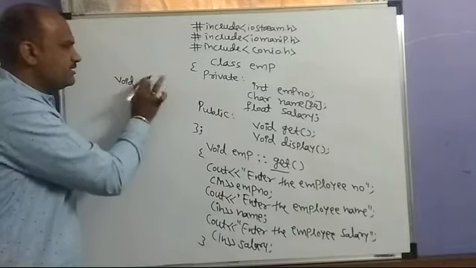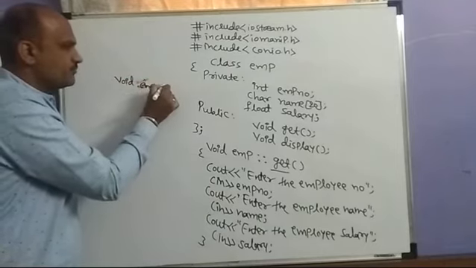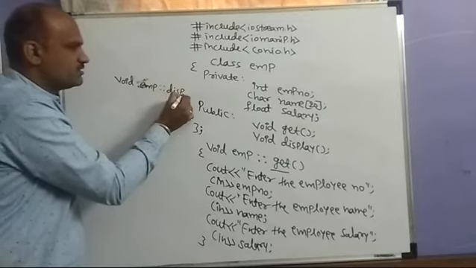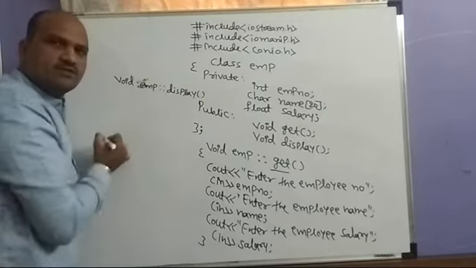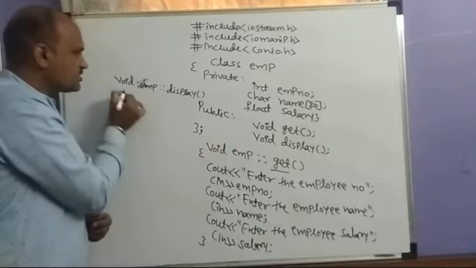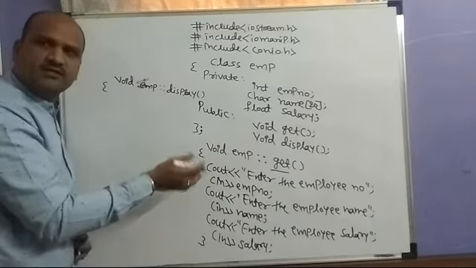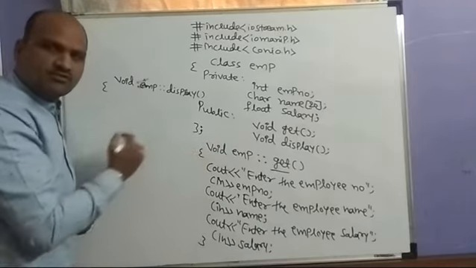So void emp with the display function, that is your second function. Okay, in this we will just print the number, name, and also the salary.